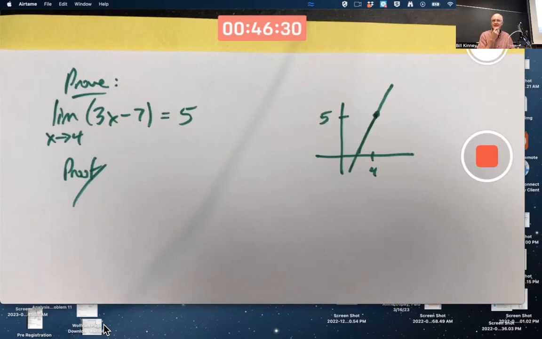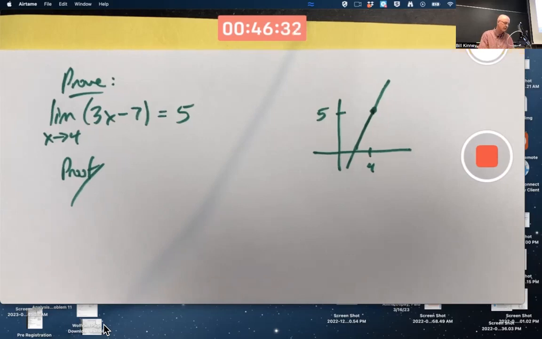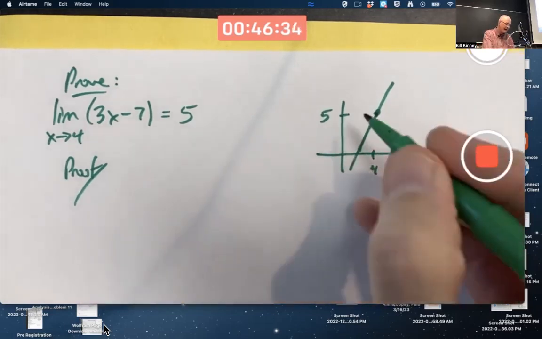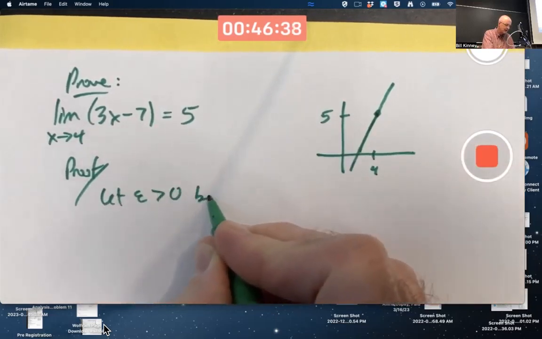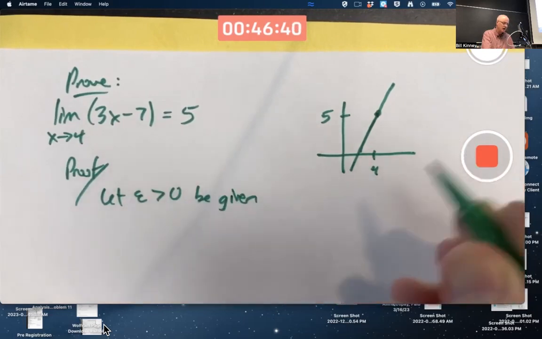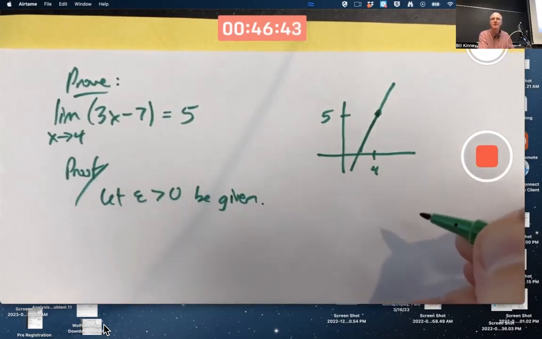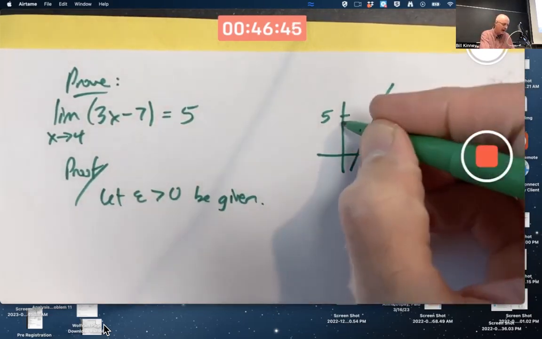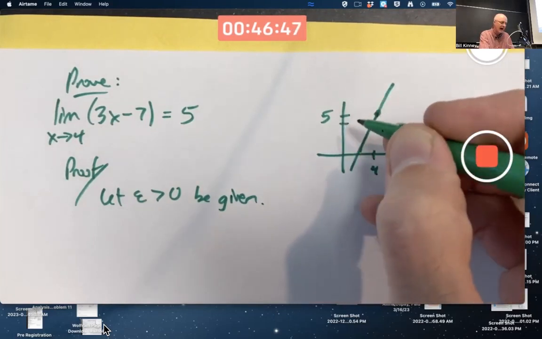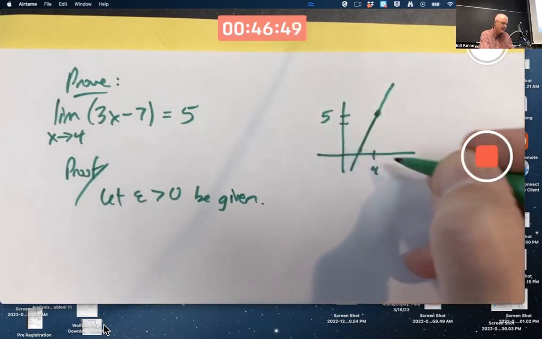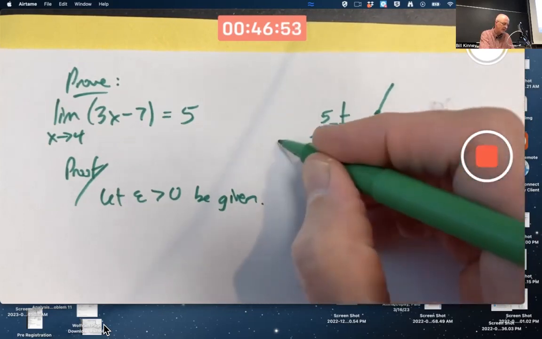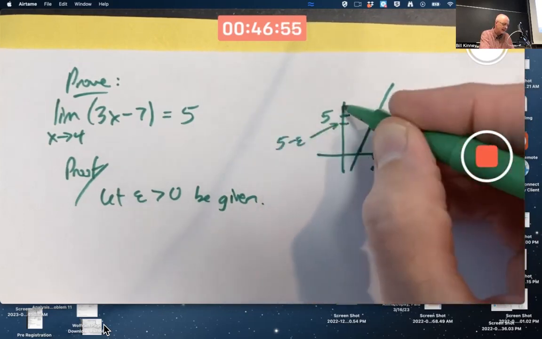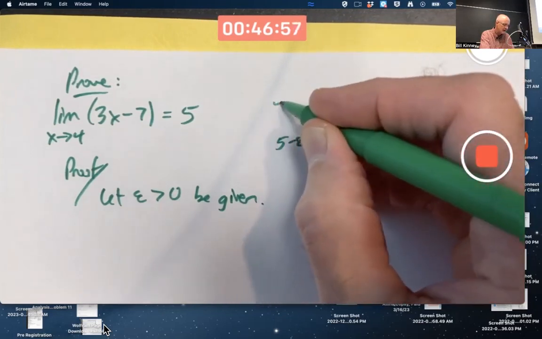It takes practice for this to sink in. This is the trickiest one. So I'm going to let epsilon be given again. Epsilon is my symbol for an arbitrarily small number. I'm imagining it to be a distance to 5. I'm trying to make the output of this function within epsilon units of 5, which means it's going to be between 5 minus epsilon and 5 plus epsilon.